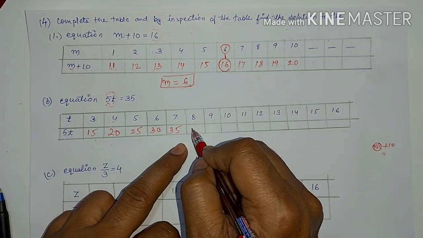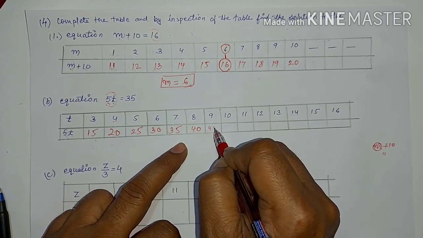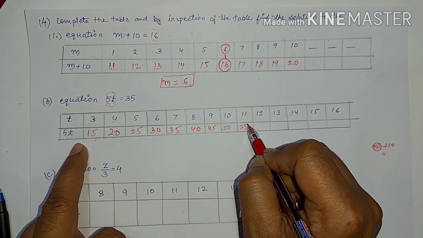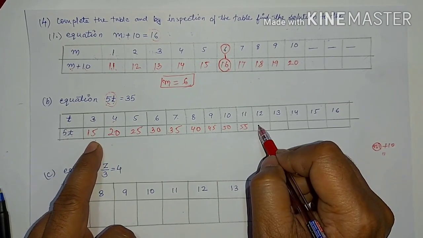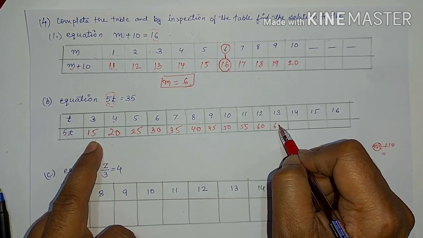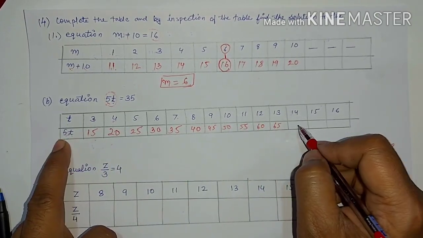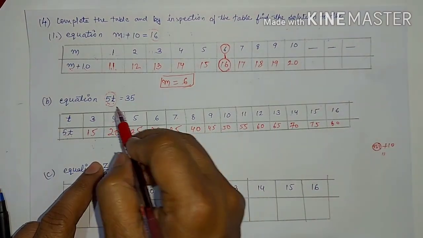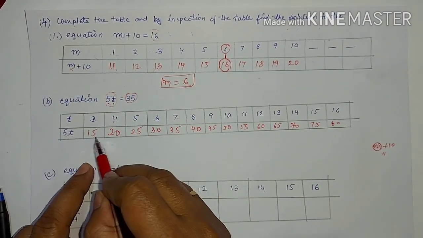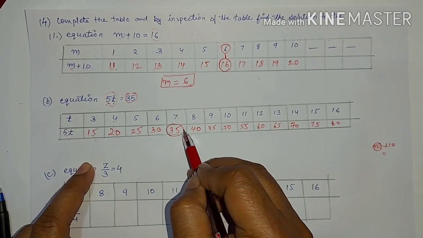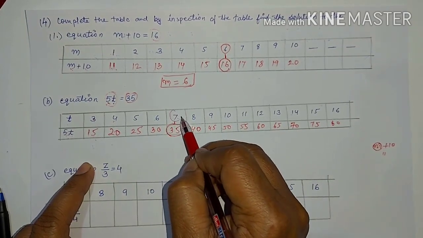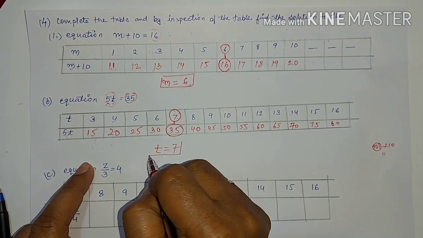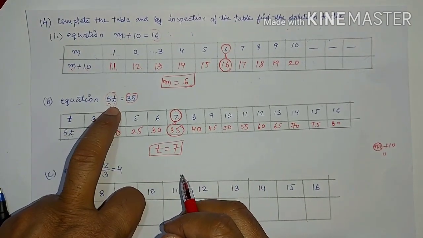Okay, now 40, 45, 50, 55, and 60, 65, 14 into 5 is 70, 75 and 80. Now find 5t equal to 35. Where is the 35? This is the place of 35, where the value of t is 7. So you write t is equal to 7 as the answer of this equation.